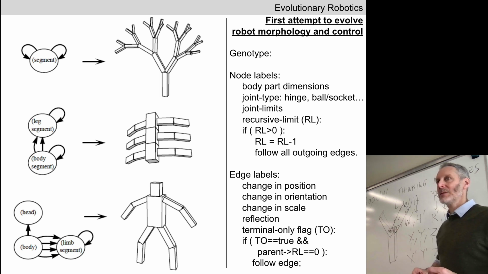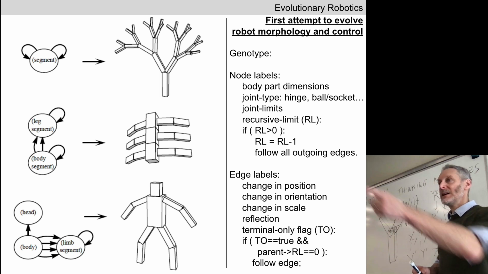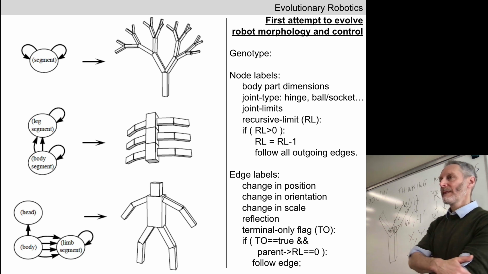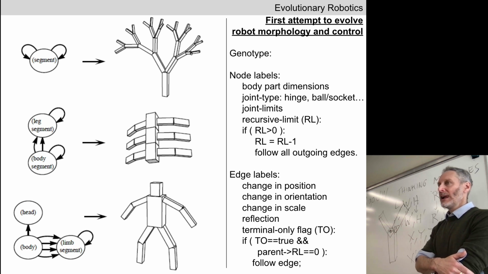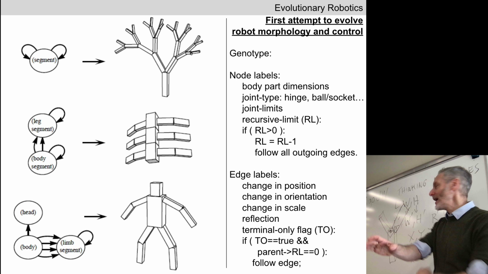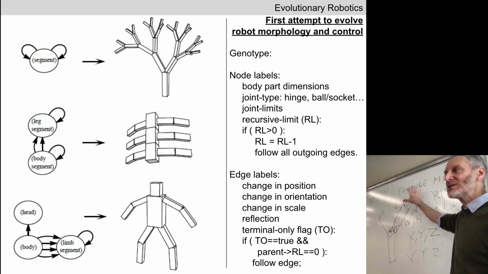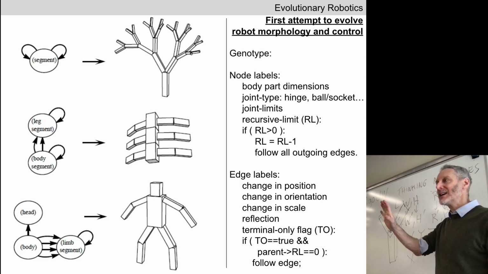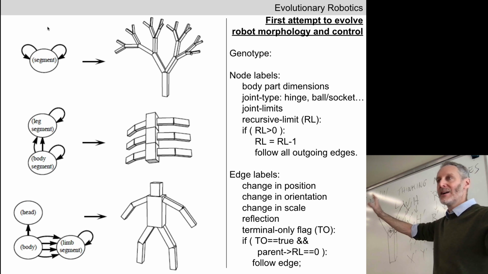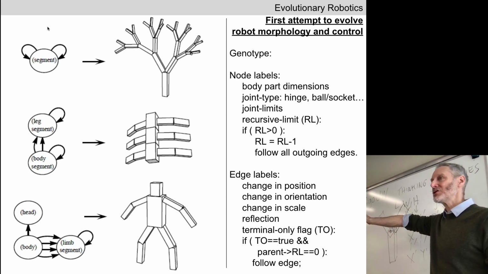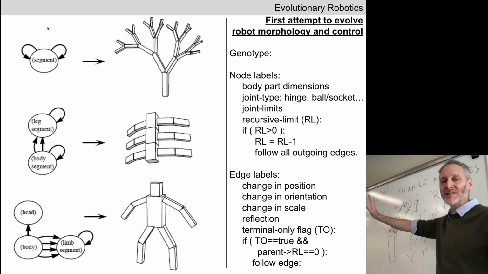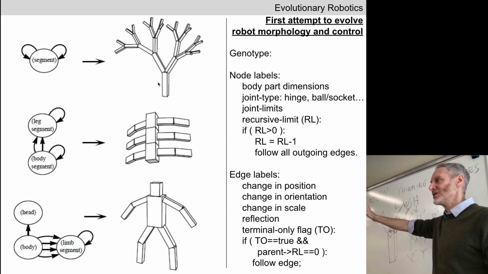Any other questions or observations before we push on? Yes? All this creation happens before even simulating it? Absolutely, right? So good point. The genotype to phenotype mapping is just telling us how to construct the thing, the robot, in the simulation. We haven't even sent this thing to the physics engine yet.